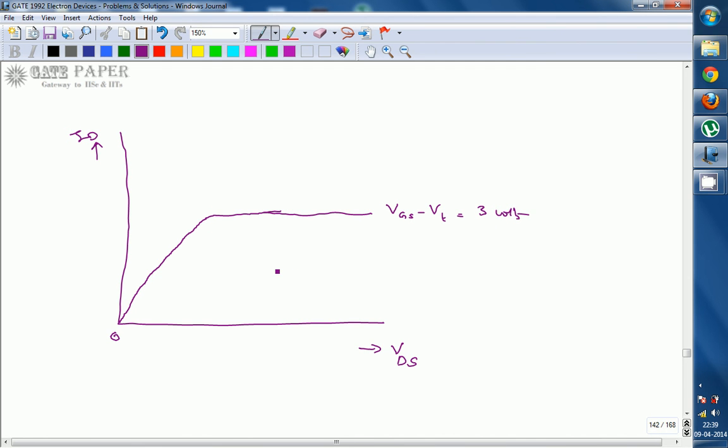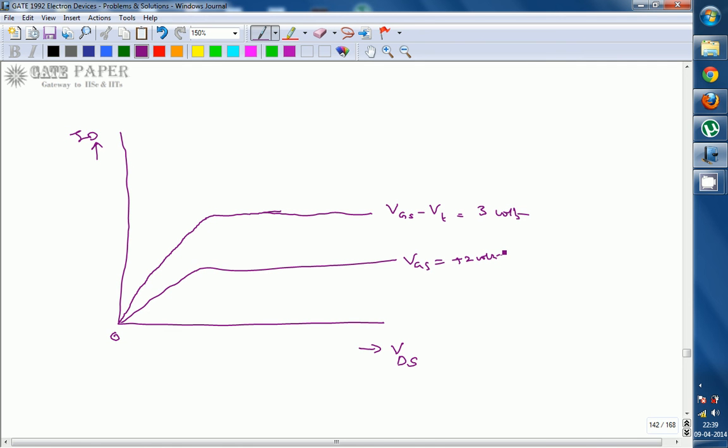If VGS minus VT is 2 volts, the channel is created with only 2 volts, so the current is going to be reduced. You will get the characteristics in this way. This is for VGS minus VT equal to 2 volts.